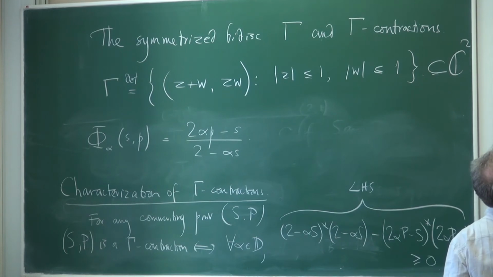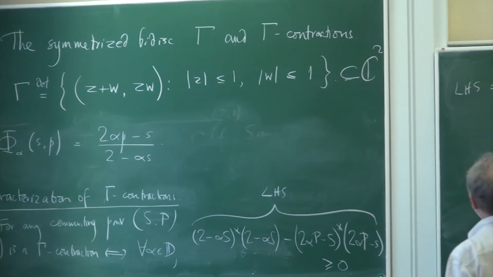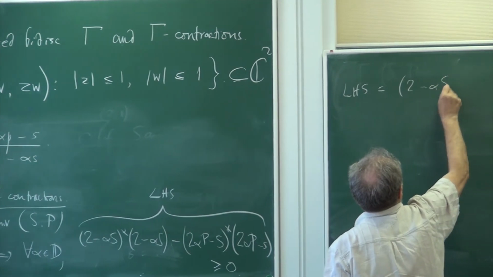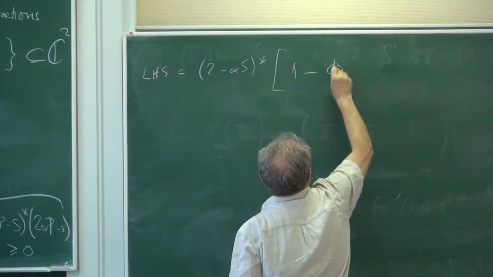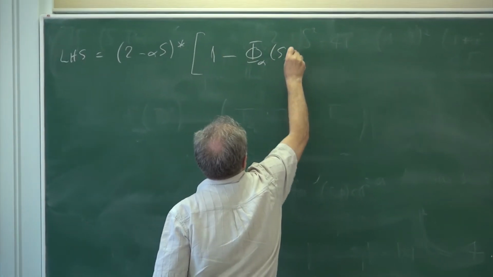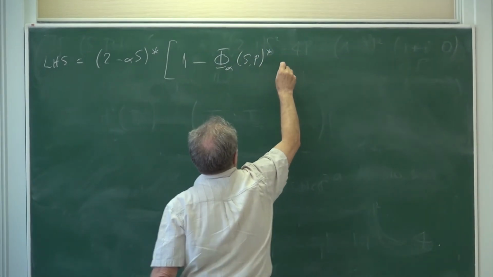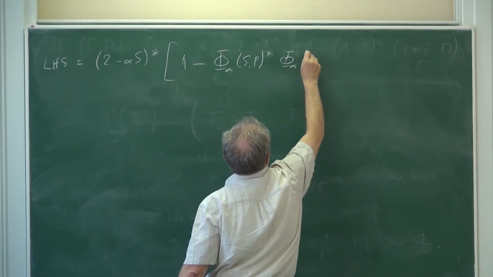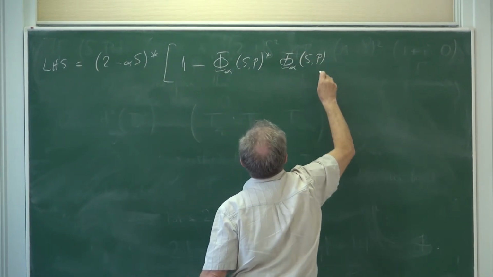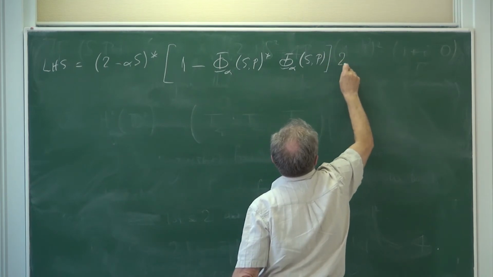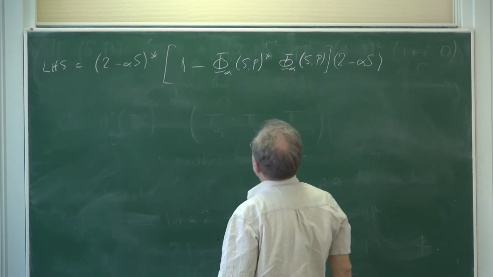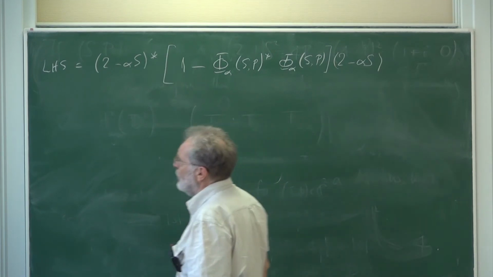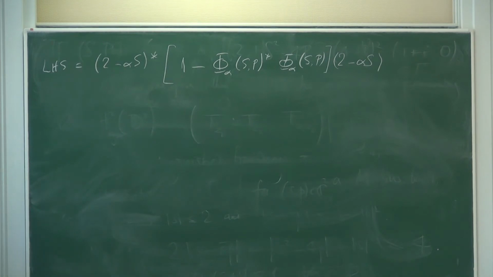You can write it as (2 - alpha S)* (1 - phi_alpha(S, P)* phi_alpha(S, P)) times (2 - alpha S). And you can do that all right since mod alpha is less than 1.